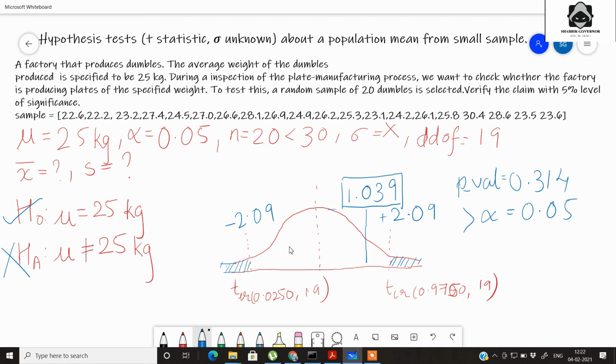So we can directly say that the null hypothesis cannot be rejected, and the alternate hypothesis is rejected. That means the random sample that we took indicates that the average weight of the dumbbells produced is equal to 25 kg with 95% confidence.